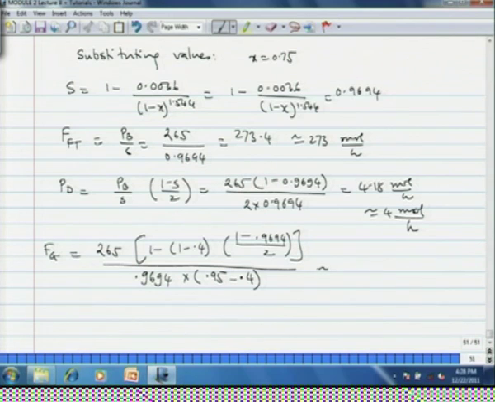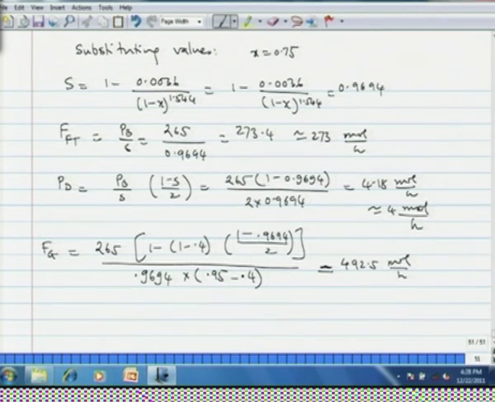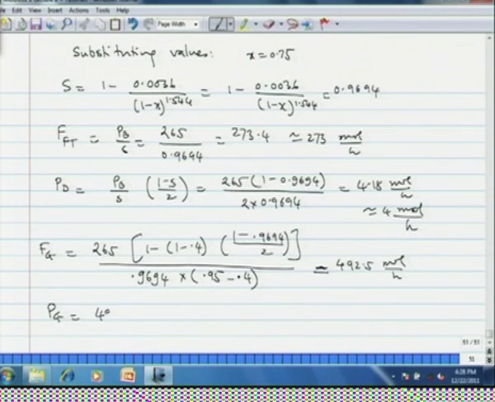So, this is 492.5 mole per hour, and purge gas is 492.5 plus 265 into (1 minus 0.9694) divided by (2 into 0.9694), which is equal to 496.7 mole per hour.